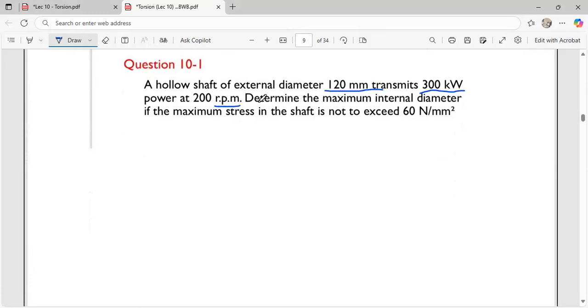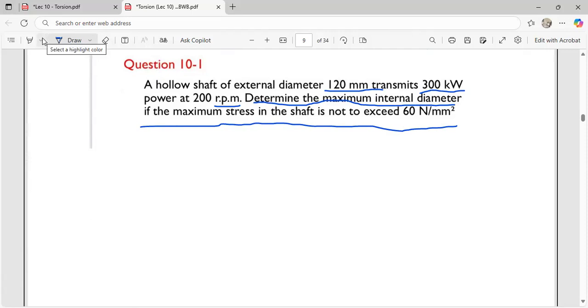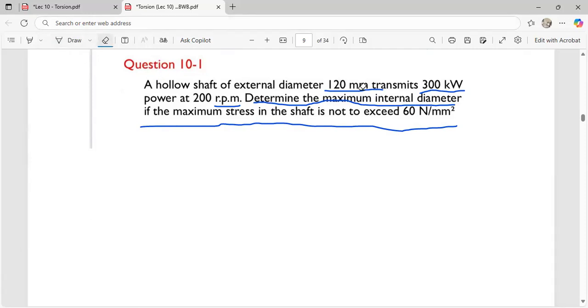He said we should determine the maximum internal diameter if the maximum stress in the shaft is not to exceed 60 Newton per mm squared. Okay.